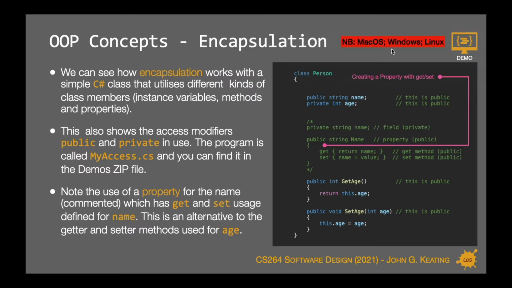Sometimes students mail me or send me messages in Teams, which I always welcome, and it says, I can't get your programs to run. I downloaded that file from Moodle and it's not working for me. The code looks okay, but it's not running. I get this error. Usually what happens is, because I'm a Mac user, I have everything running on a Mac, so I have a specific runtime environment installed.